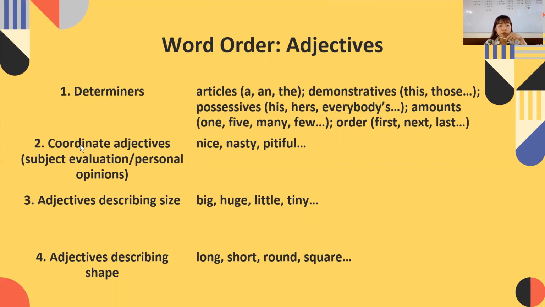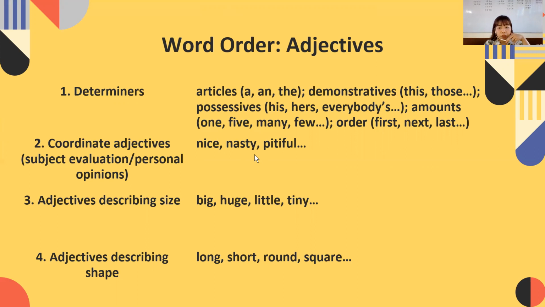So after we have your determiners already, you have identified them. This is followed by your coordinate adjectives. Coordinate adjectives are adjectives under subject evaluation or personal opinion. For example, for one person, this specific noun or object or person or place could be nice. For some, it could be nasty.